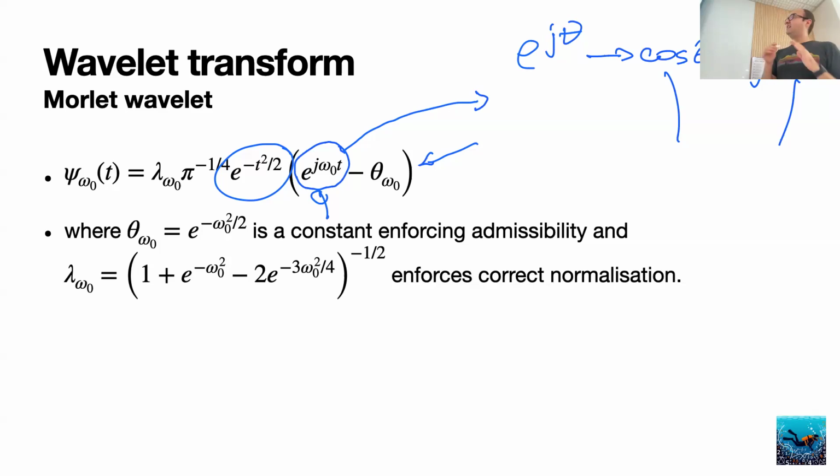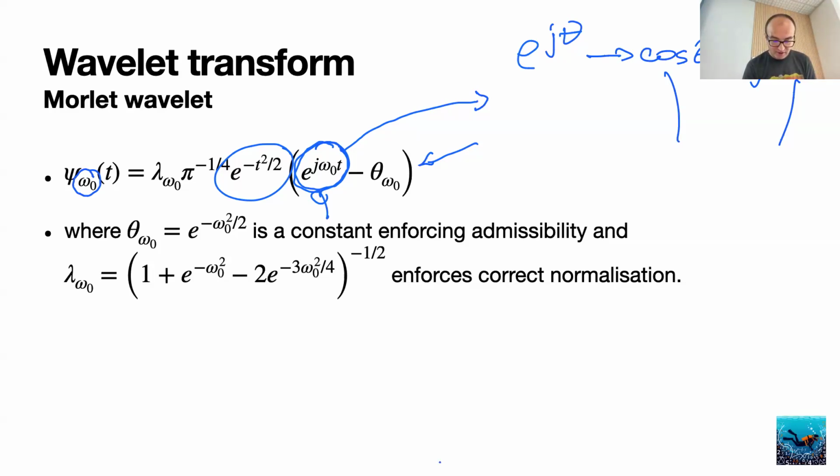So in this formula, there is only one parameter, and this is omega zero. This is really important. What this omega zero says is the frequency of these sine and cosine signals that are in the Mexican sombrero.